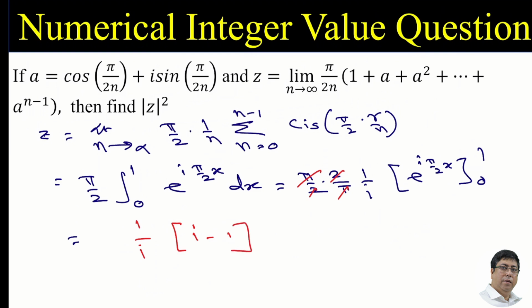If we divide by i, that is 1 plus i, therefore mod z equal to root 2, and our question was mod of z square, so this is coming to be 2.